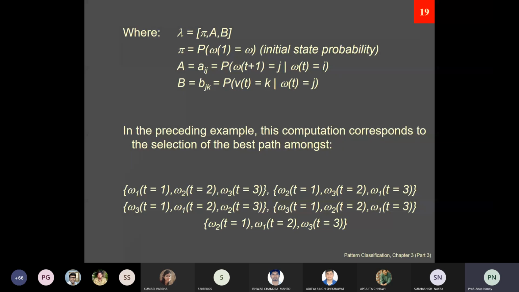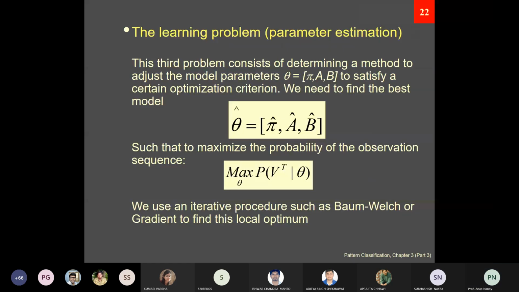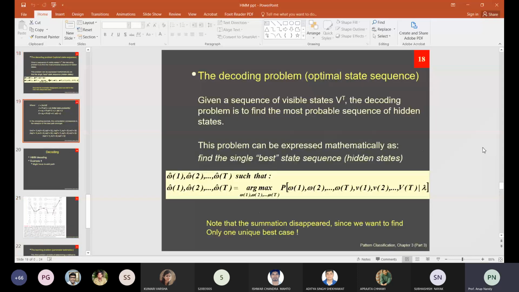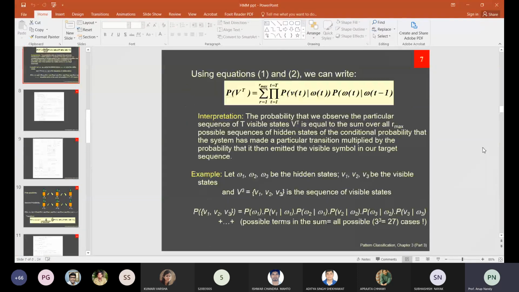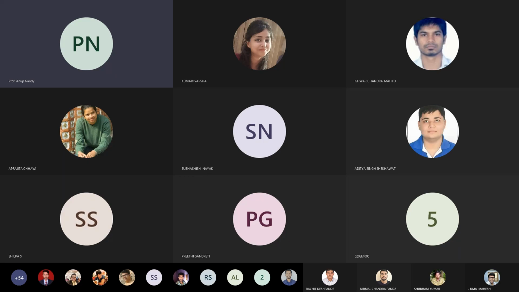In this learning, I'm just sharing the PPT with all of you now. You just go through it. Very interesting PPT. If you only implement HMM, understanding is very important. So don't be afraid of the mathematical part.